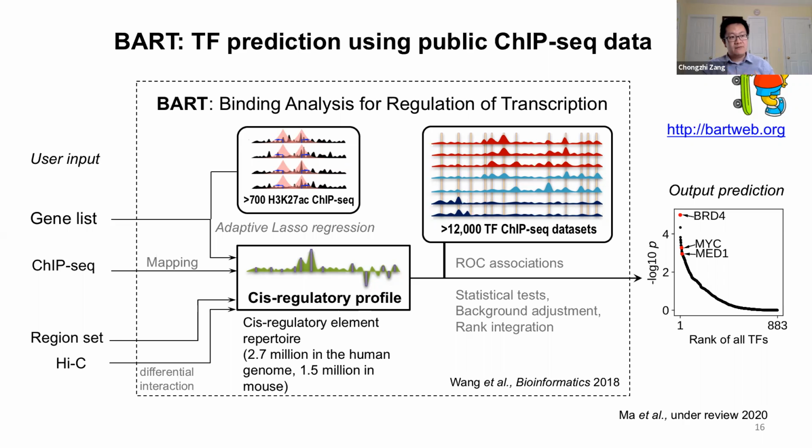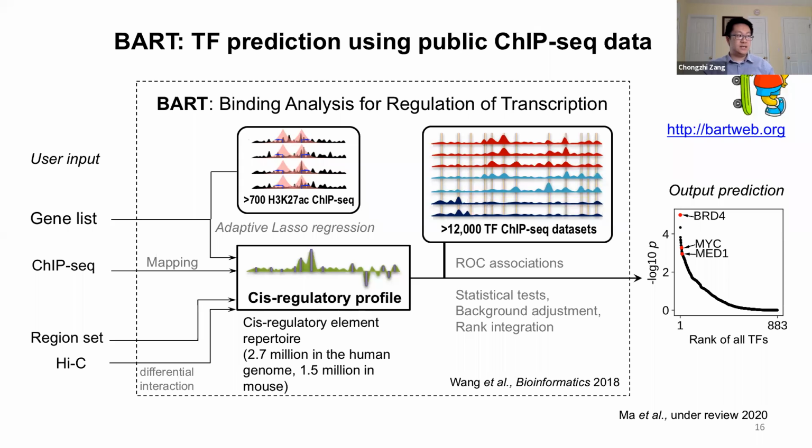Once we have the ChIP-seq binding information for different factors in different cell types, we can build an algorithm to predict the transcriptional regulators that function to regulate a given gene set.